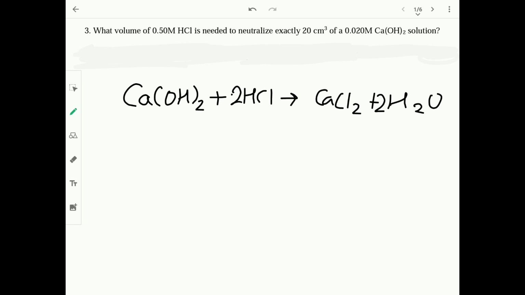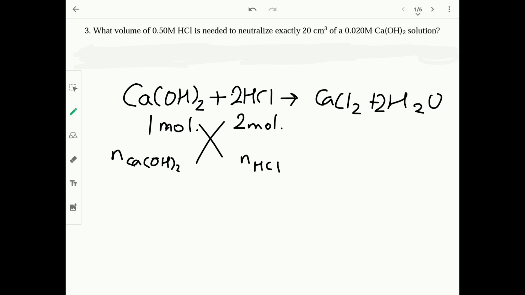We have 1 mole here, I'm taking the coefficients, and 2 mole here. Now I'm using stoichiometry, the number of moles of Ca(OH)2 to the number of moles of HCl. Cross multiply, what you get is the number of moles of HCl is equal to twice the number of moles of Ca(OH)2. All I've done is cross multiply.